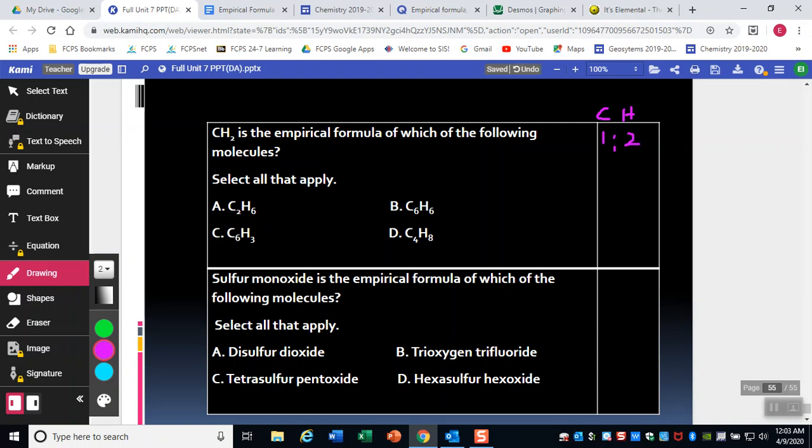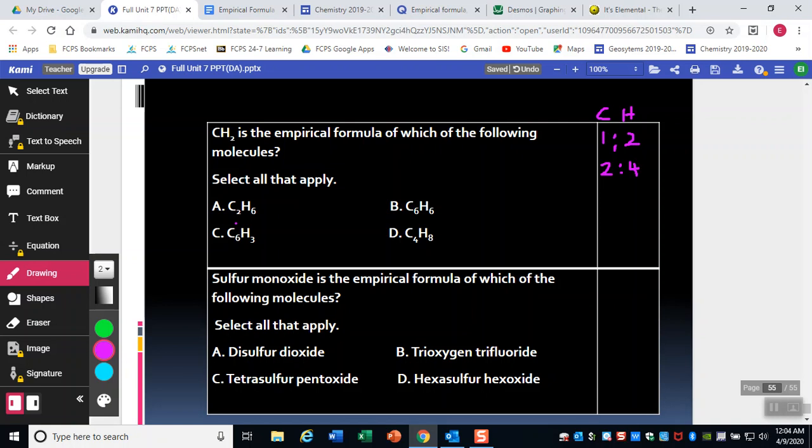There could be more than one answer. Let's see, if I have 2 to 6, the carbons were doubled, right? 1 times 2 is 2. But if I double this one, that would be 4. So if I have 2 carbons, I have to have 4 hydrogens to keep this 1 to 2 ratio.